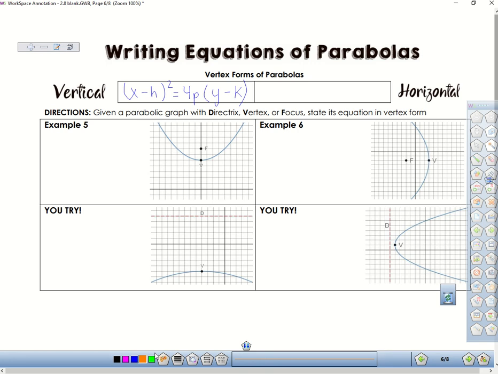And for a horizontal graph that opens left or right, the equation is (y minus k) squared equals 4p times (x minus h). So those are your two general formulas.